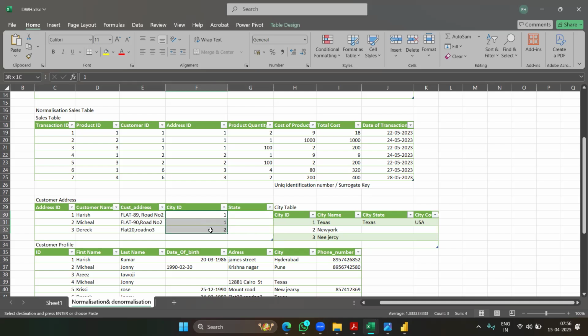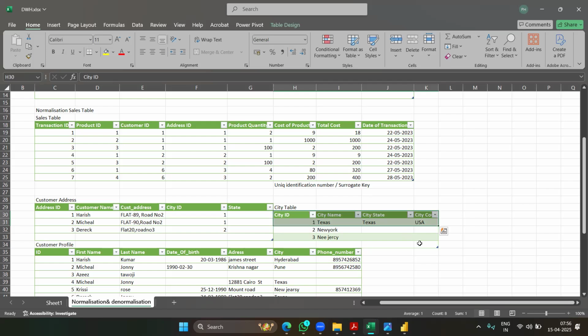So for all 1 million people, instead of writing all three columns, I would be creating a city table which has a unique value for each and every city. Now in the address table, I am going to use this unique value. So that means the sales table is going to refer to the customer table for customer address, and the customer table is going to refer to the city table for the city related details, right?